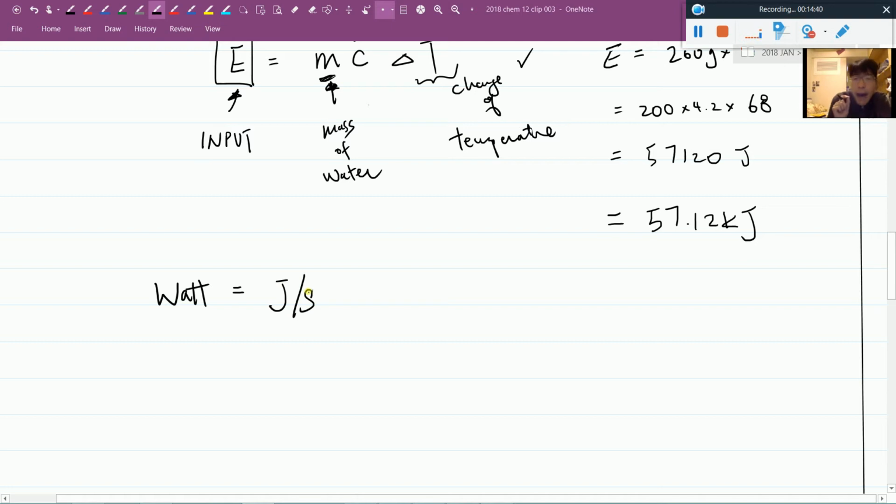So it is a unit to measure the rate of energy given to you. So if I'm using, say, a 60 watt light globe, that means it uses 60 joules per second.